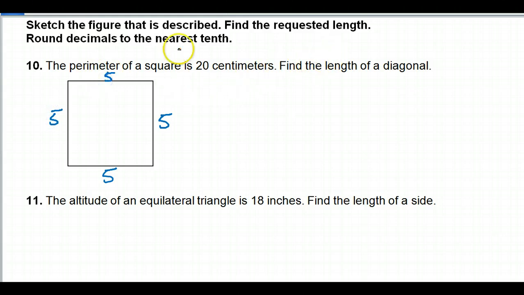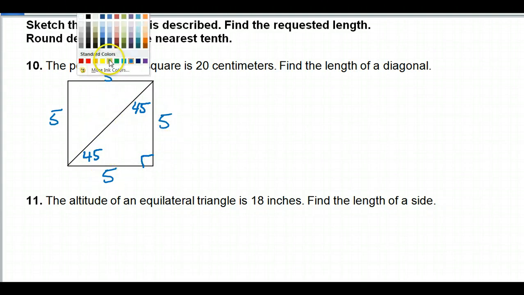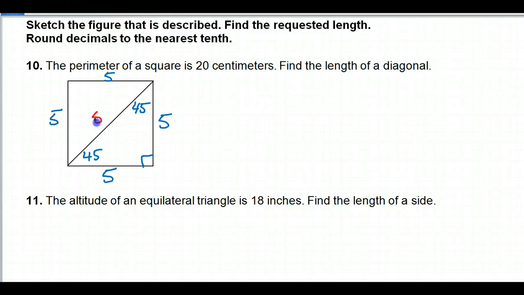Find the length of the diagonal. Well, the diagonal will be like this. So this is going to be a 45, 45 triangle, 45, 45, 90. So it goes leg, leg, leg radical 2. So the diagonal will be 5 radical 2.